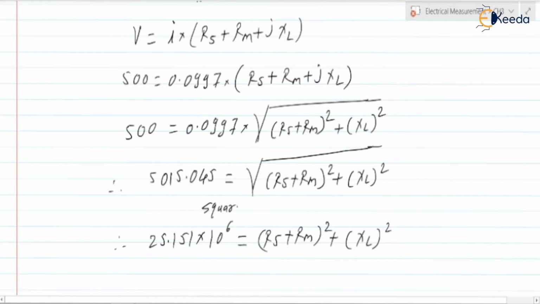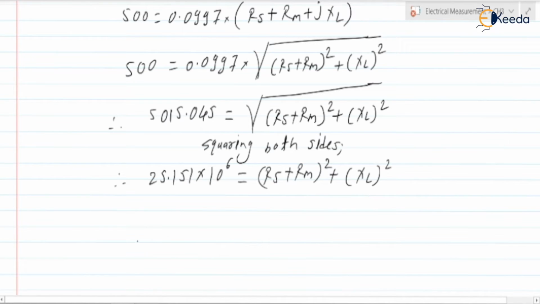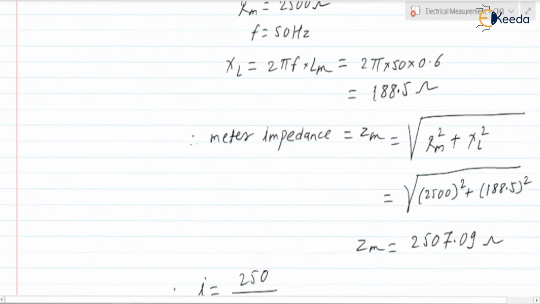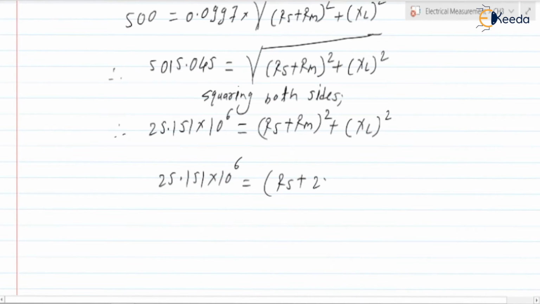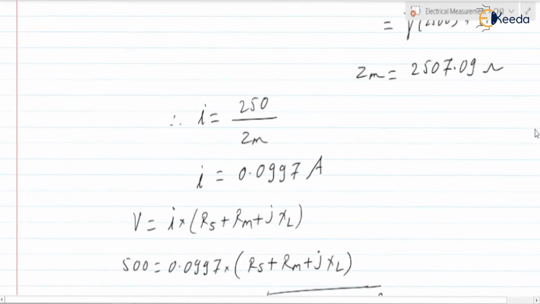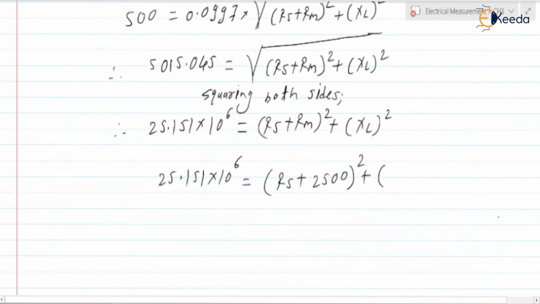Next, XL we know, so put the values: 25.151 into 10 to the power 6 is equal to RS, which we need to calculate, plus RM, which is given as 2500, square, plus XL square. XL is 188.5, 188.5 square.